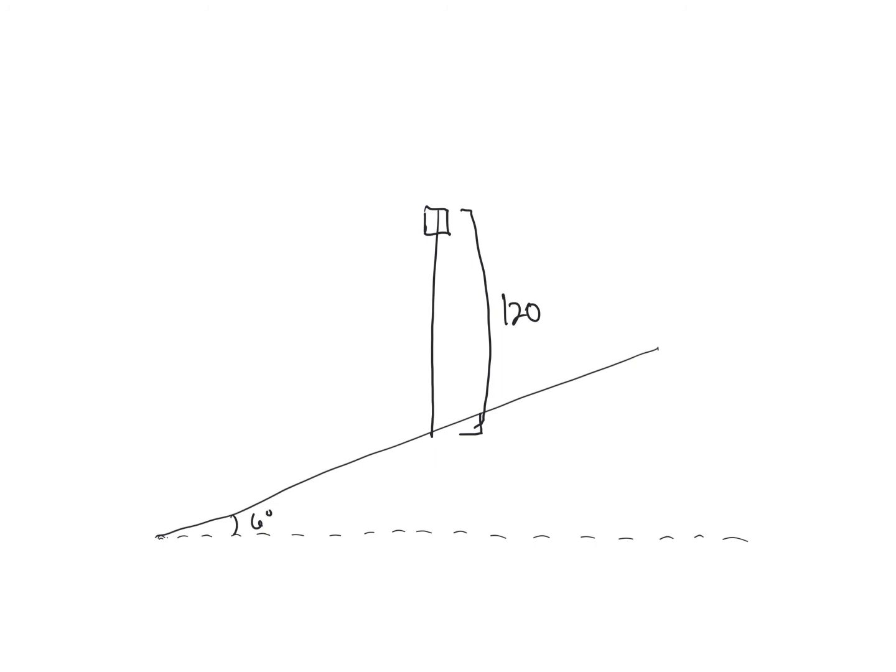And they want us to find the length of the two guide wires that will be anchored 75 feet uphill and downhill from the base of the tower. So imagine there's a wire from here, this is 75, and that creates a wire right there, and then this is 75, and that creates a wire down there.